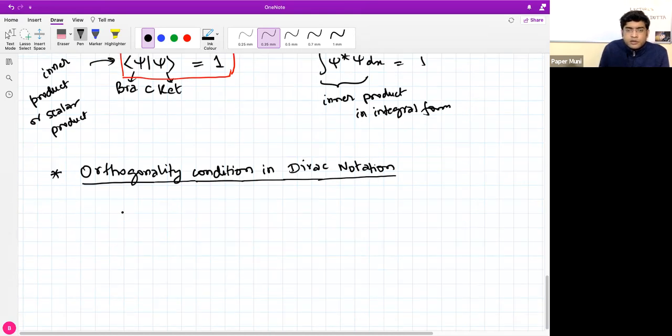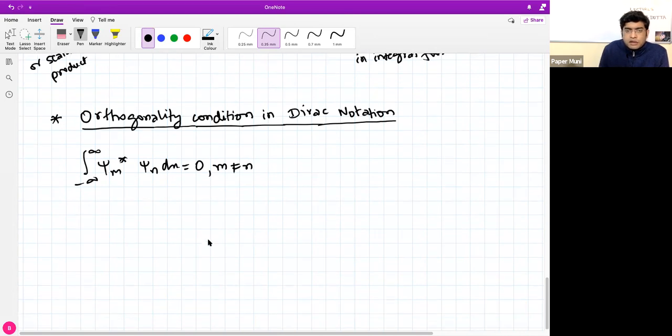We know that it was written like this: the integral of psi m star psi n dx was 0 for m not equal to n. This was the integral notation. In Dirac notation it is written like this: psi m psi n is equal to 0.